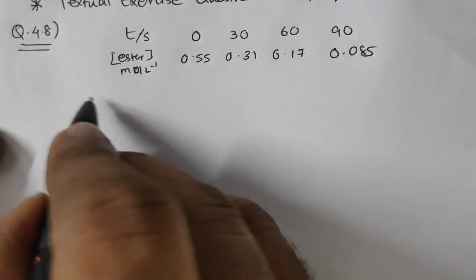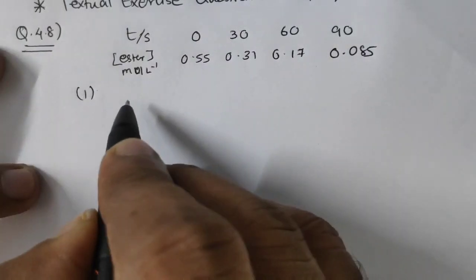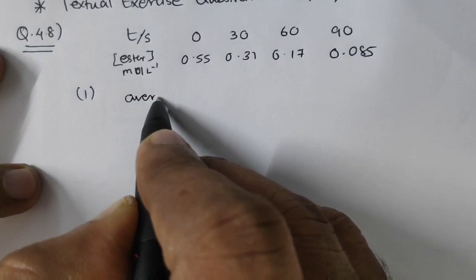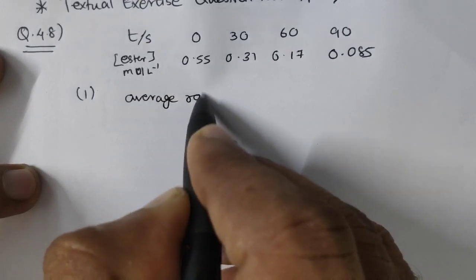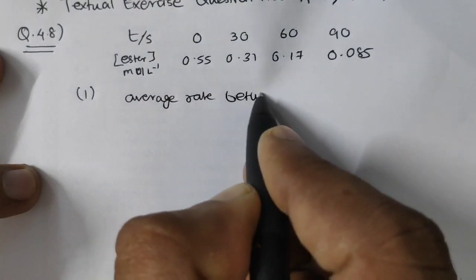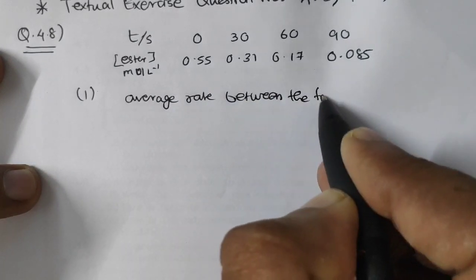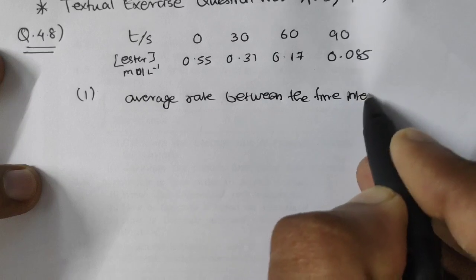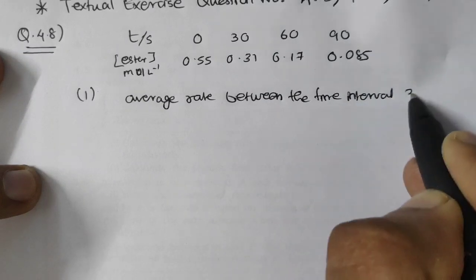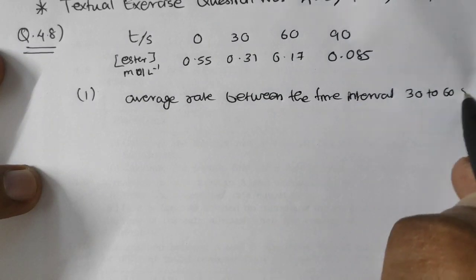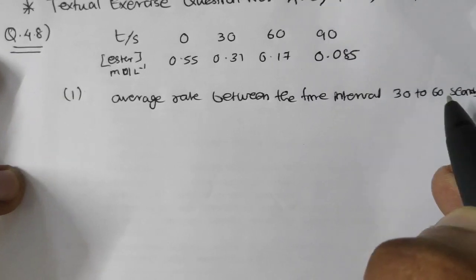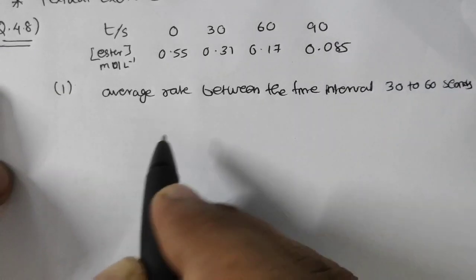Now the first question was, you have to calculate the average rate between the time interval 30 to 60 seconds.